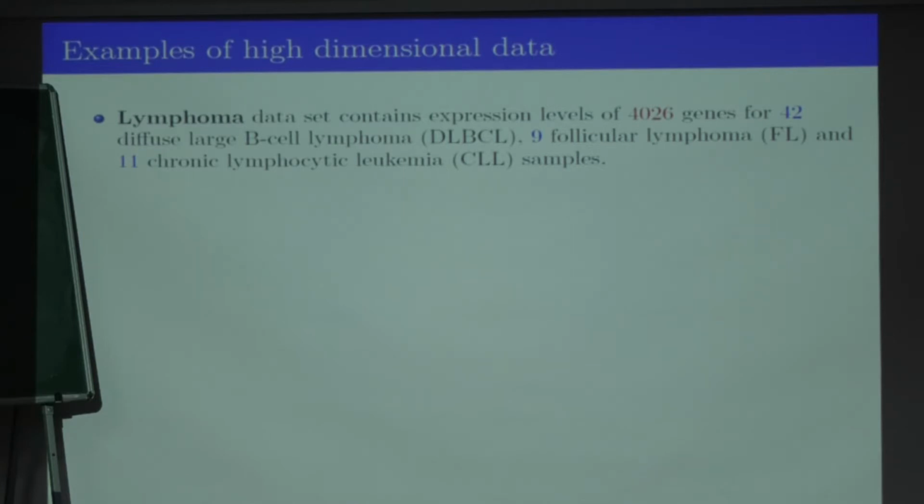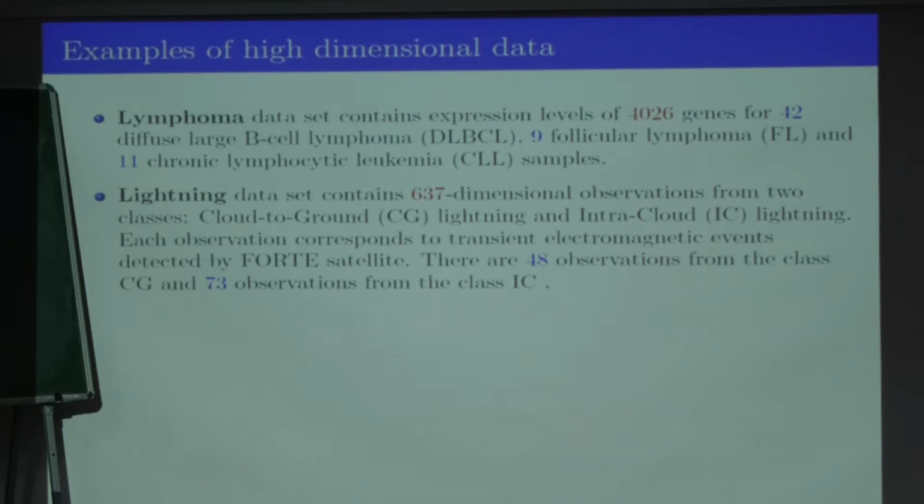And not only for classification, in other cases, like two-sample testing, Hotelling's T-square is one of the methods to test whether the two distributions are identical or not. But Hotelling's T-square also involves an inversion of the sample dispersion matrix, which we cannot do in such cases. So those statistical methods cannot be used in such a high dimensional low sample size setup.